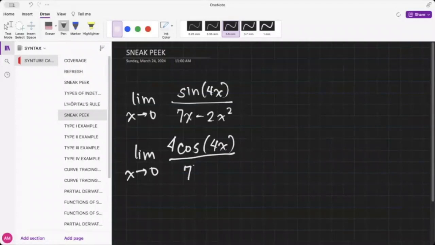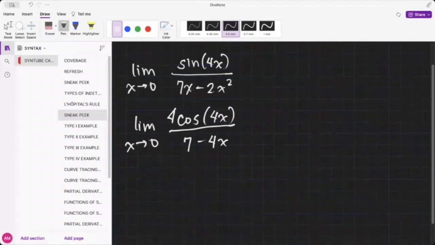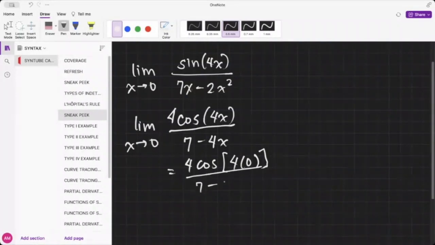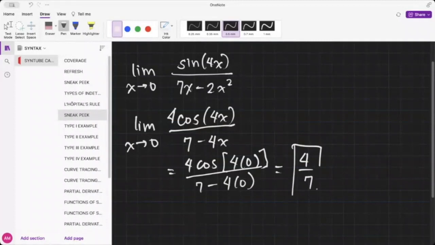Derivative ng 2x squared is negative 4x. Ayan. So let's try to evaluate the limit with this. Equals 4 cosine 4 times 0 over 7 minus 4 times 0. Here, we'll get 4 over 7. And that is our final answer.